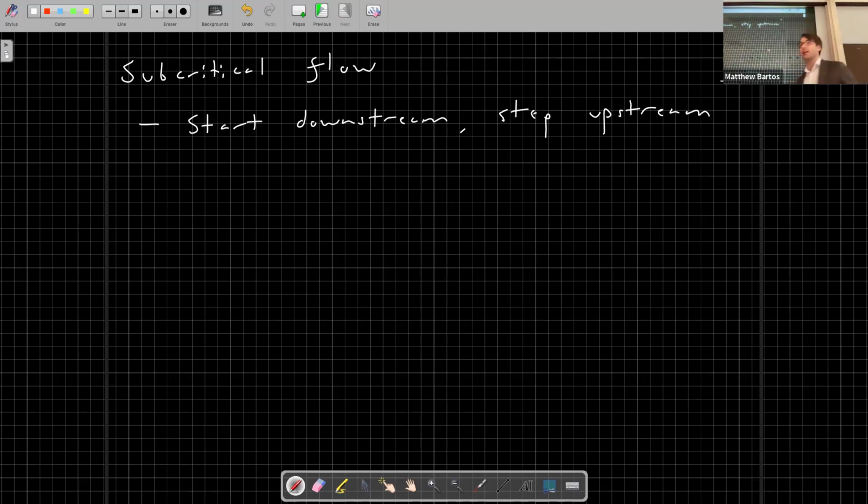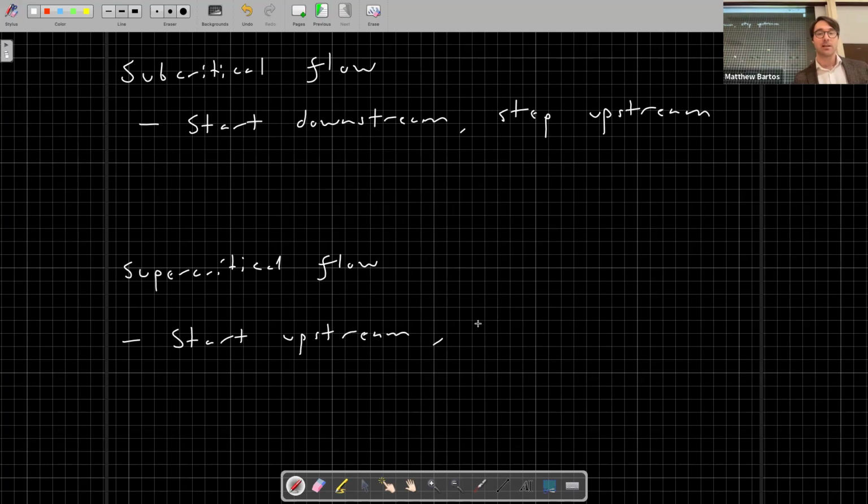So you'll need a depth at the downstream boundary, and then you work your way back upstream. For supercritical flow, it's the other way around. You start upstream and you step downstream.